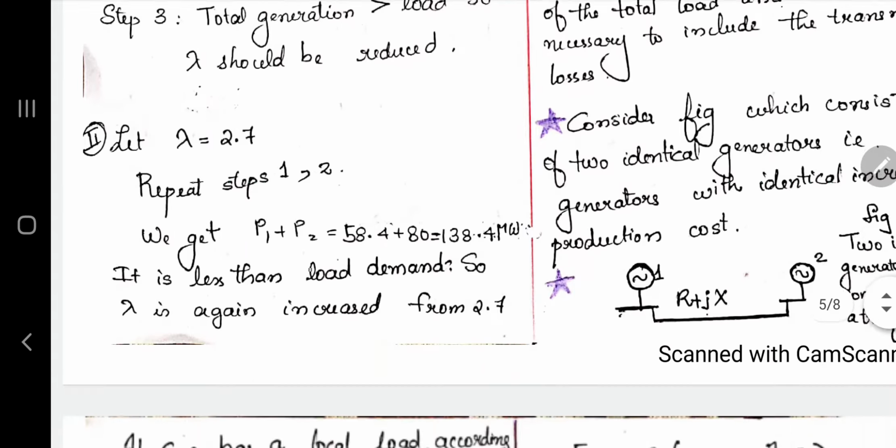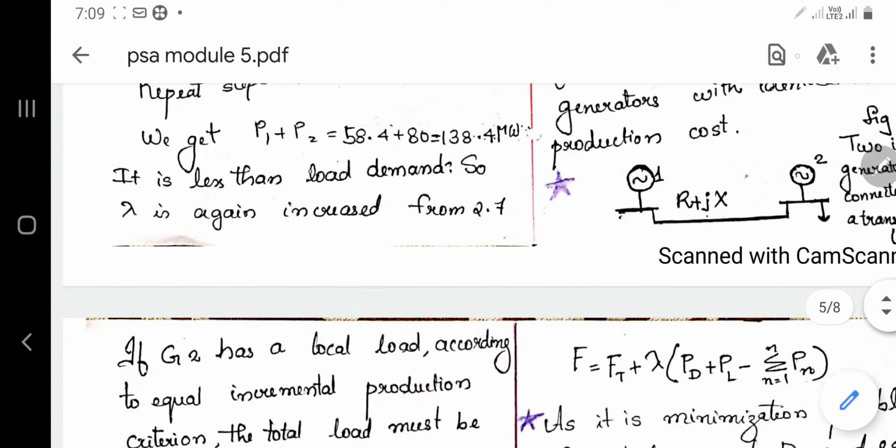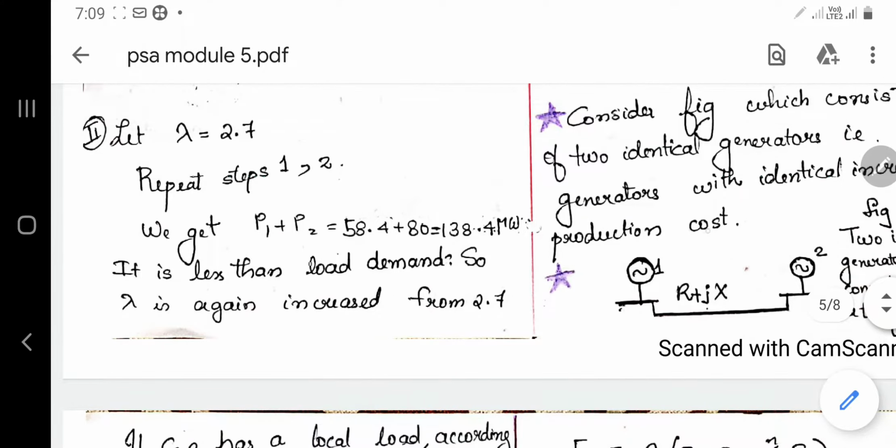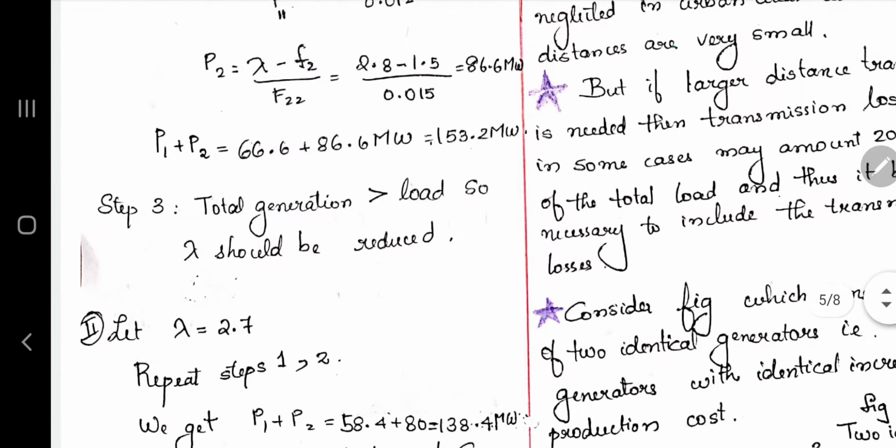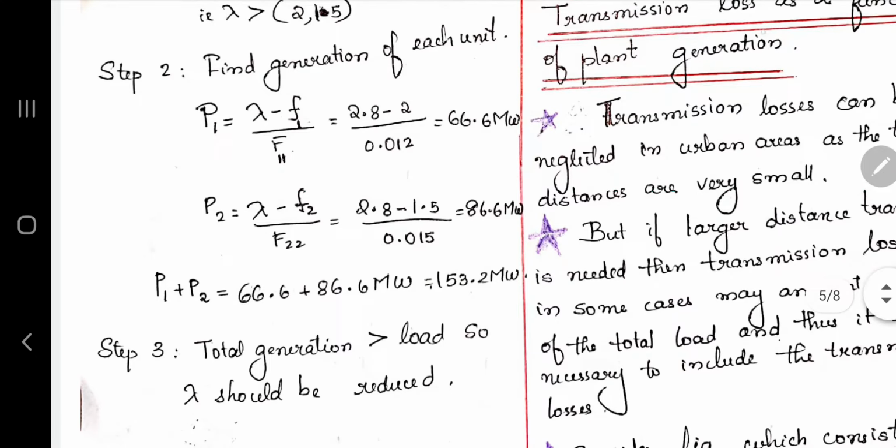In the second iteration, we are going to take lambda as 2.7 and repeat the same steps as in the first iteration. That means we find the values of P1 and P2 with the new lambda value of 2.7.